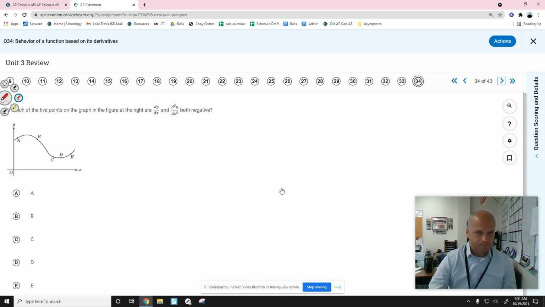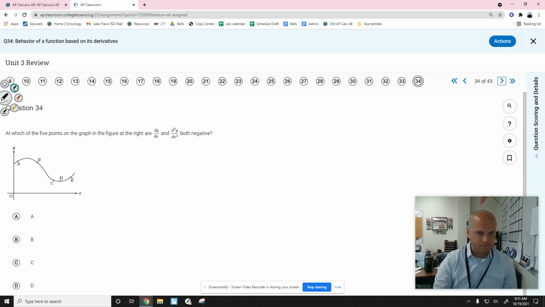All right, 9 more. Here's a graph. When is dy dx and d squared y over dx squared both negative? This is the graph of y, not y prime. Okay, so this is y. When is y prime, notation matters, and y double prime, notation matters, both negative? If y prime is negative, y is going down.